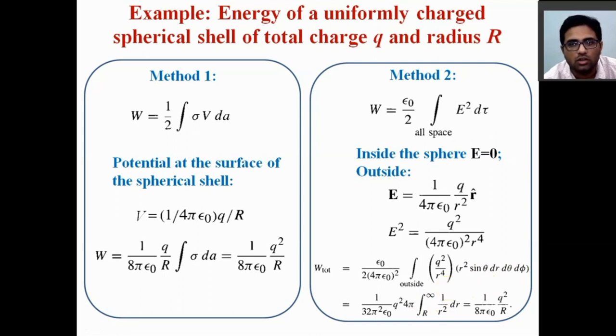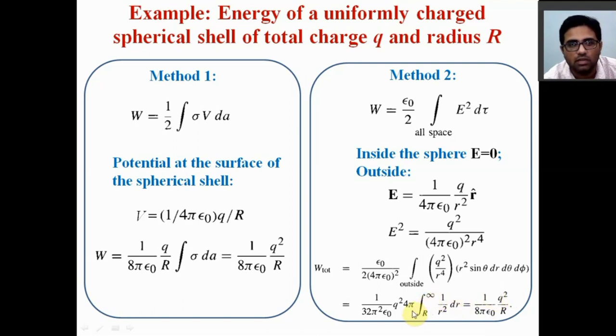because only contribution here is coming from outside the spherical shell. Okay, so only contribution in energy comes from the outside of the spherical shell. That's why we are taking R to infinity. Now here the integration of sin theta d theta d phi with proper limit will give us 4 pi.